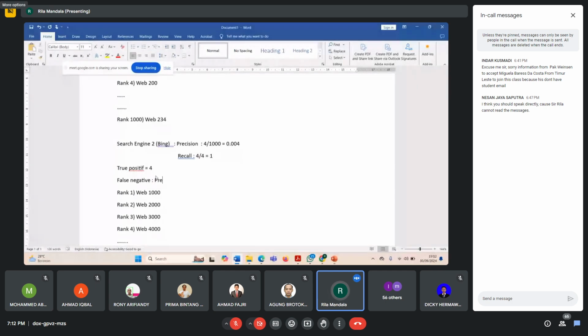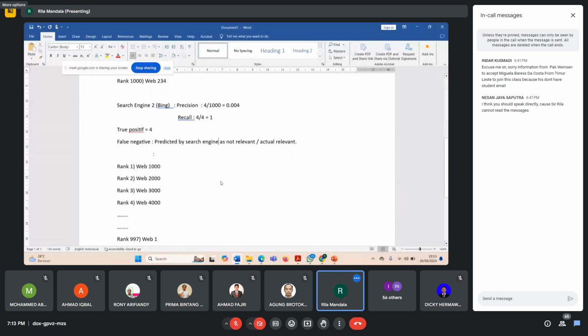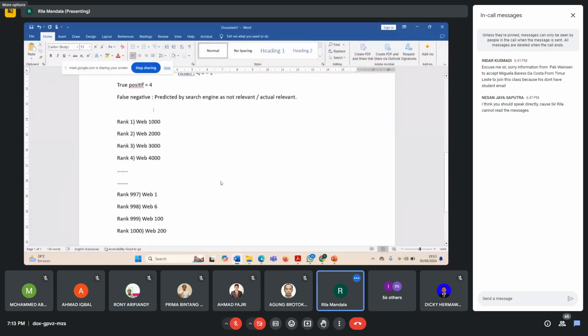False negative is predicted by the search engine as not relevant, but actually relevant. For Bing, how many documents are predicted by the search engine as not relevant? How many? Is it two? No. 996.